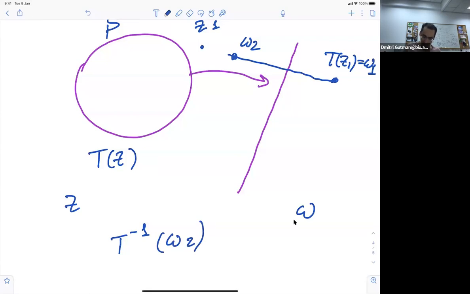And this sends point W2 back onto the Z plane, and there will be some point T-1 of W2. And this point will be a symmetric point on the Z plane with respect to the circle.